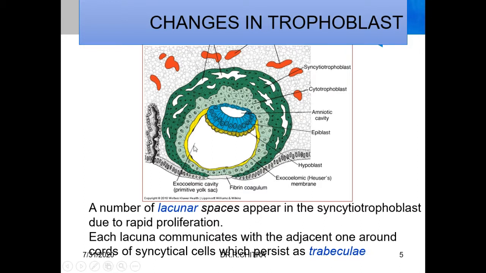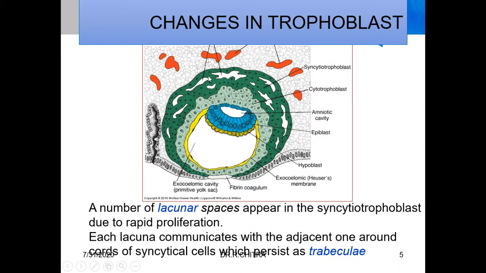So this trophoblast together with this extraembryonic mesoderm will be called the chorion. So that is the definition of the chorion. Now a number of lacunar spaces appear in the syncytial trophoblast around the entire chorionic wall, but more so towards the decidua basalis.